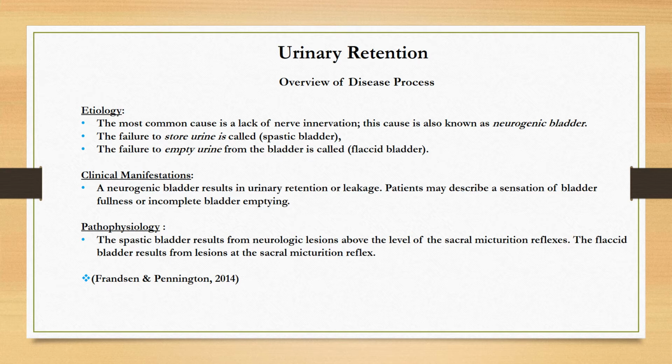So anyway, there's some etiology behind urinary retention. Most common cause is a lack of that nerve innervation or connection between the nerves, and that is known as a neurogenic bladder. When the bladder is failing to store urine, it's referred to as a spastic bladder, and if we can't empty the urine, then it's a flaccid bladder.